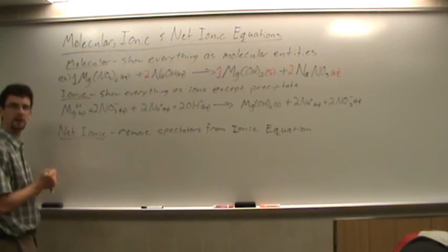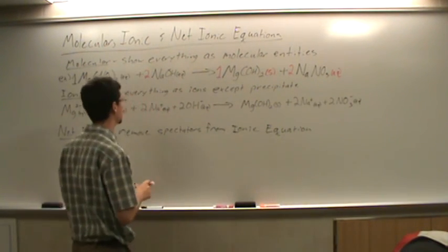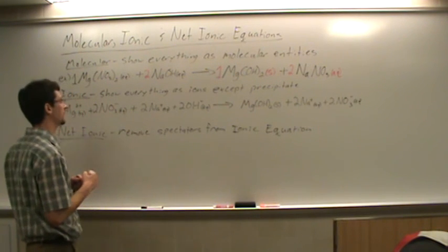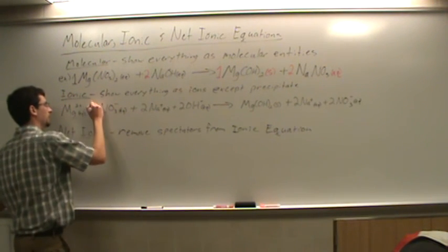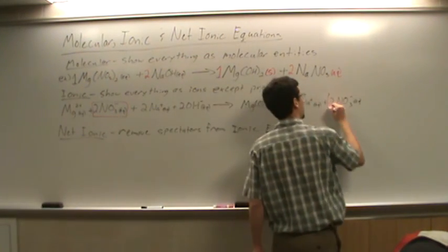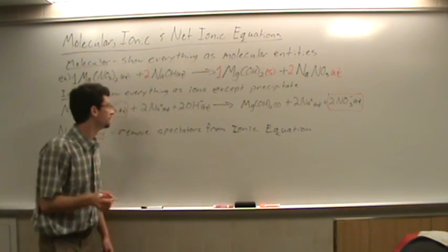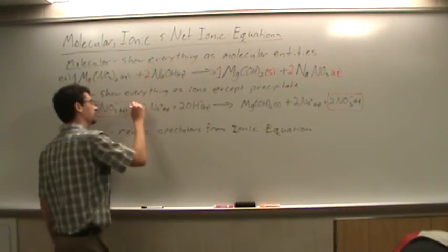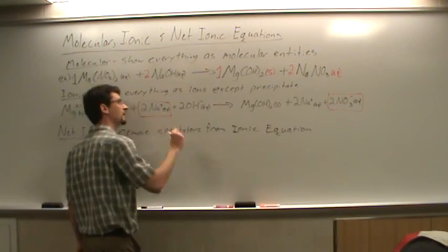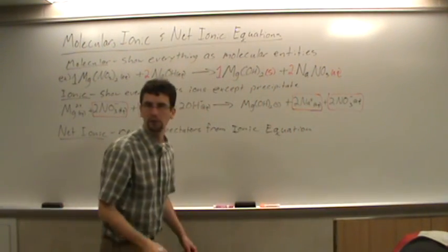Which ones are the spectators? Well, spectators show up on both sides of the equation. So let's see which ones are spectators. Nitrate shows up on the left, and it shows up on the right. That's one spectator. The other spectator happens to be sodium, because it appears on both sides, the left and the right. So now we can get rid of those.